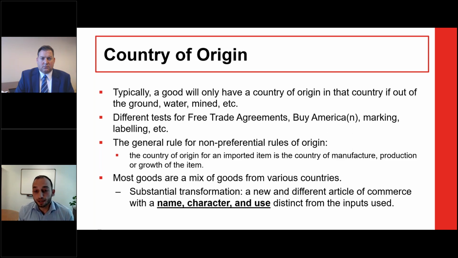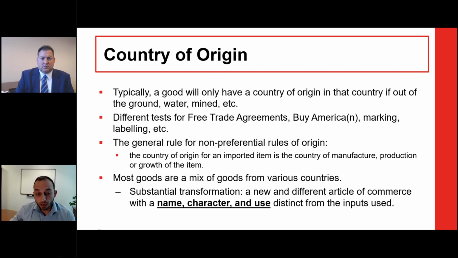So it's a very fact specific analysis, and it's determined on a case by case basis. But in general, a change in name has been viewed as the least persuasive factor in determining whether a substantial transformation occurs.